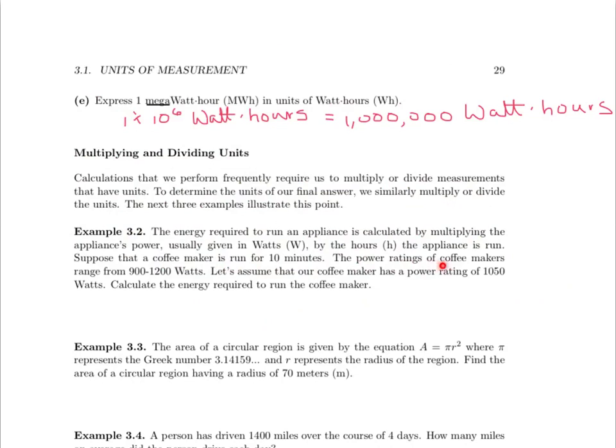The power ratings of coffee makers range from 900 to 1,200 watts. Let's assume that our coffee maker has a power rating somewhere in the middle. We'll say 1,050 watts. So let's go ahead and calculate the energy required to run the coffee maker.